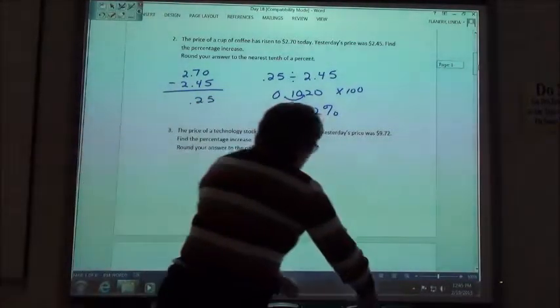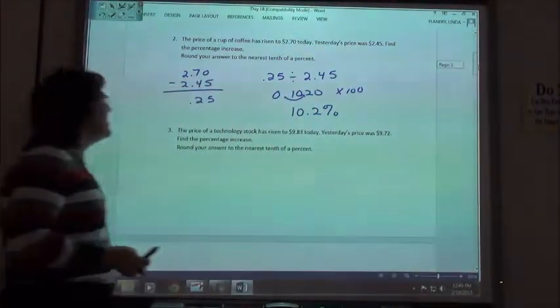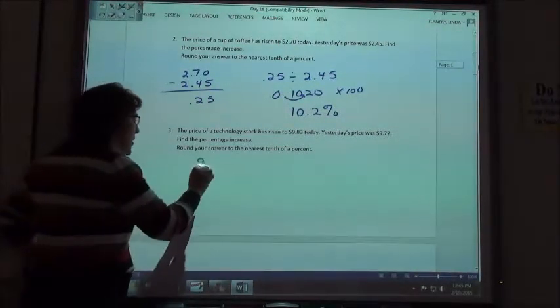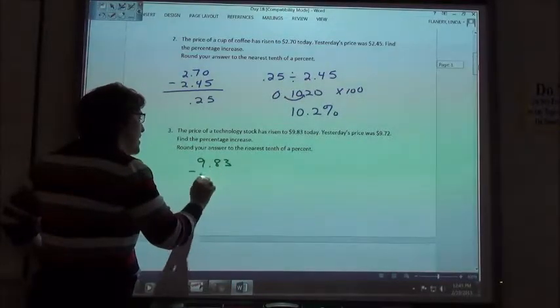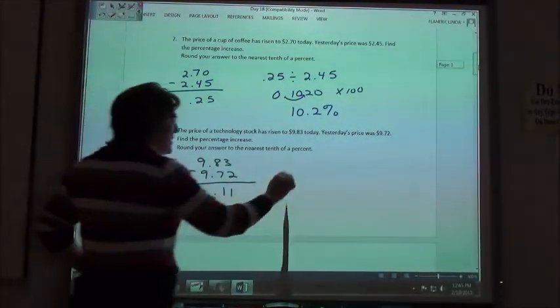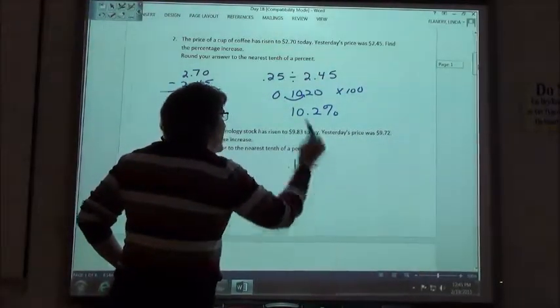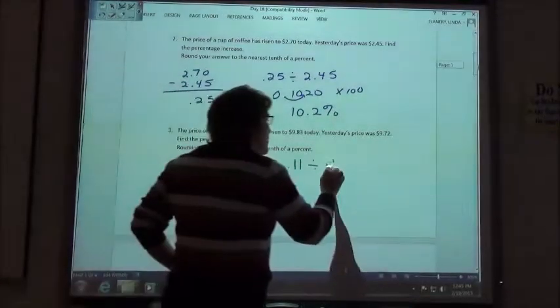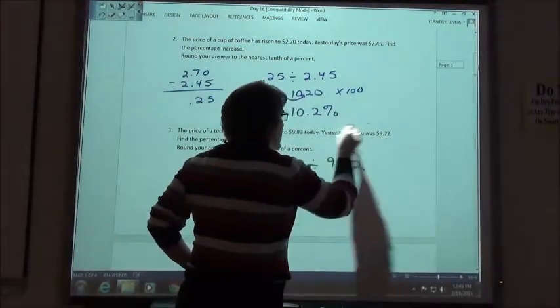And the third one, the price of a technology stock has risen to 9.83 today. Yesterday's price was 9.72. So 9.83 minus 9.72 gave you 11 cents. We took 11 cents and divided it by the 9.72, which was yesterday's price.